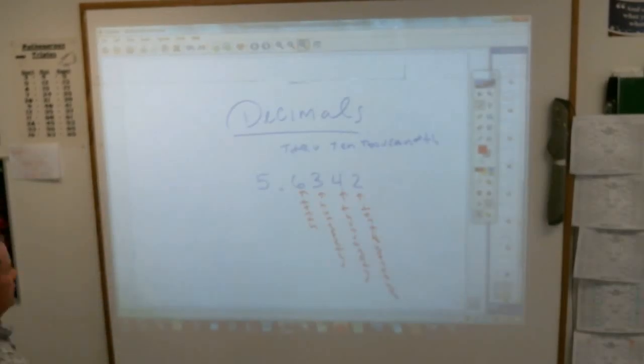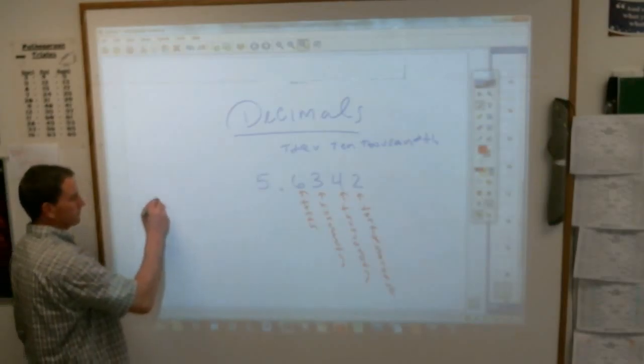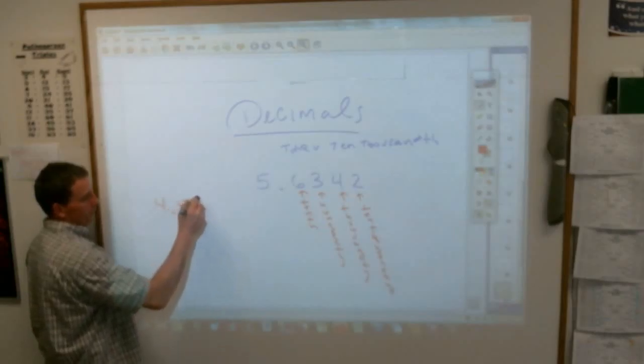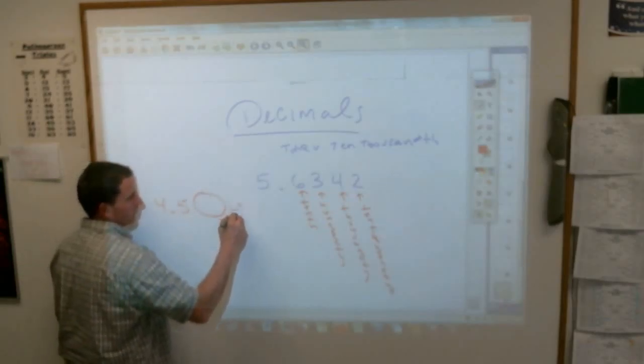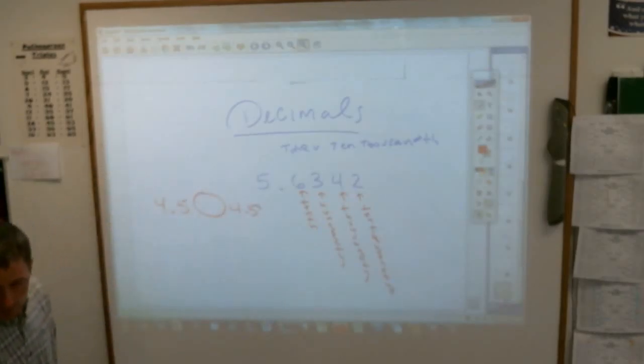The book is going to ask you just to do a couple things again here, like they have this one. If you're comparing 4.5 to 4.456.